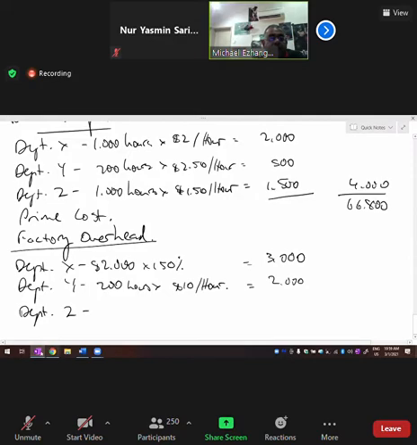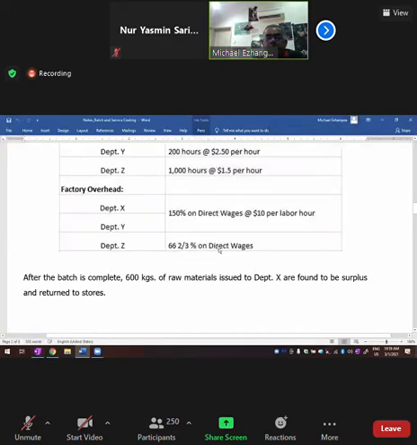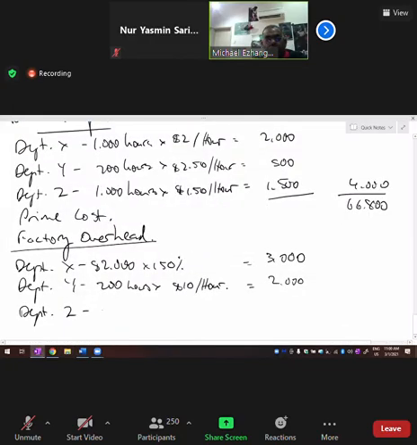Department Z, it says 66 2/3% on direct wages. So direct wages was 1,500 multiplied by 66 2/3%. 66 2/3 is obviously 2/3, all right? And so we have 1,000. All right, so add that up, 3, 2, 1, 6,000.